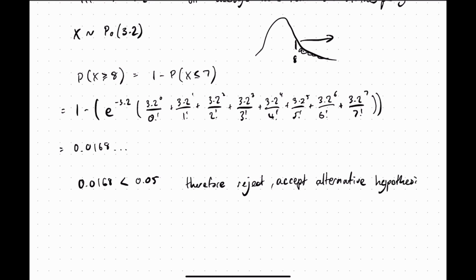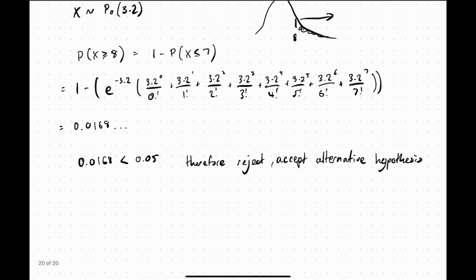Alternative hypothesis: lambda is greater than 3.2, more than 3.2 strikes per year. Sorry, on average.